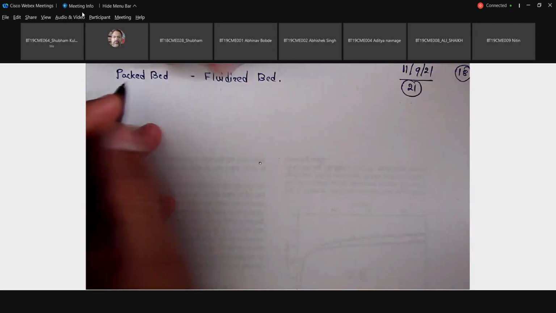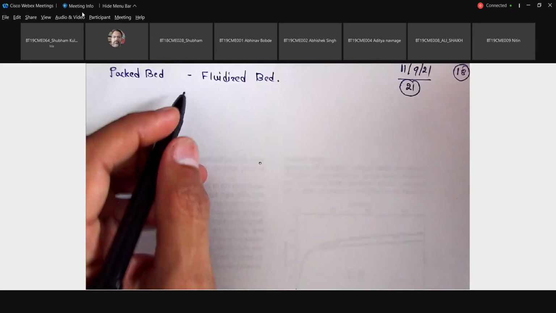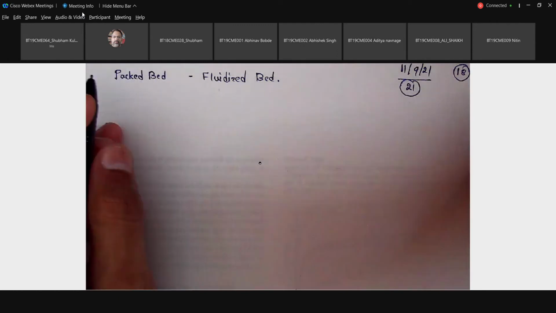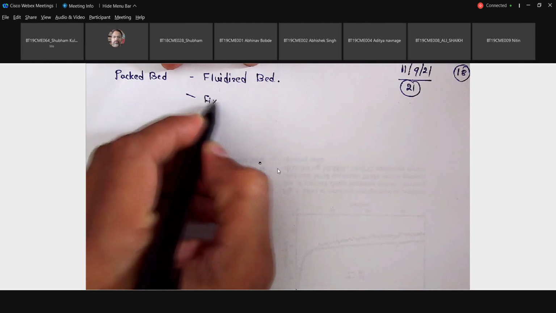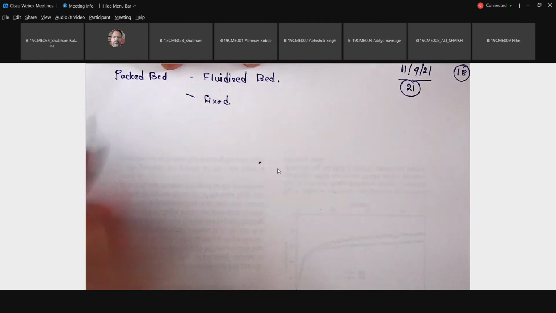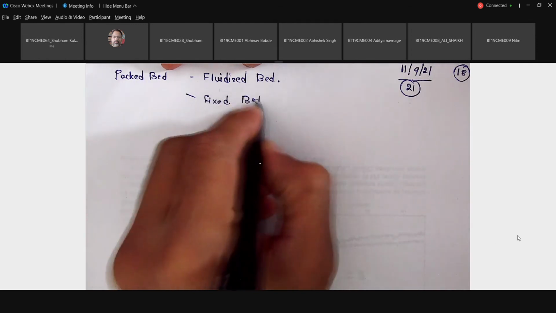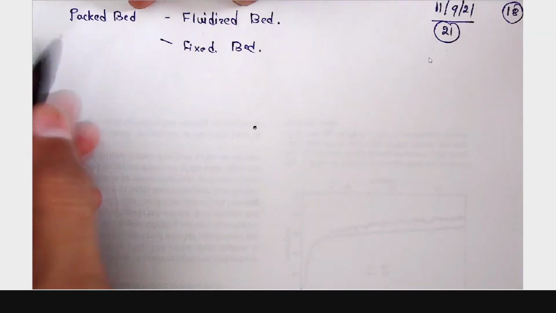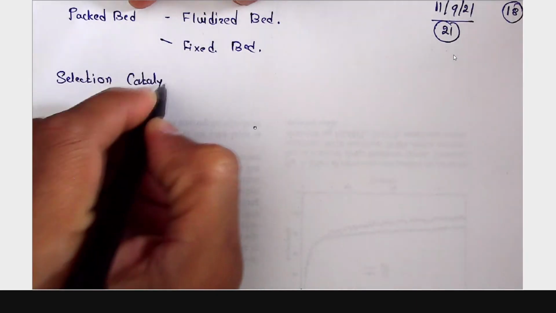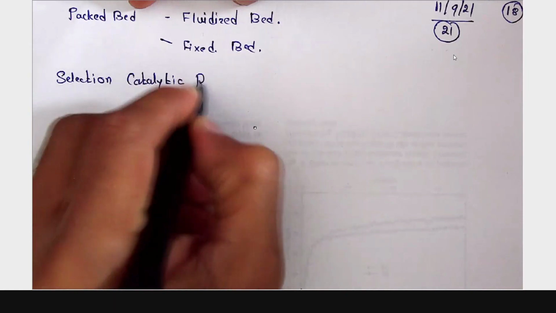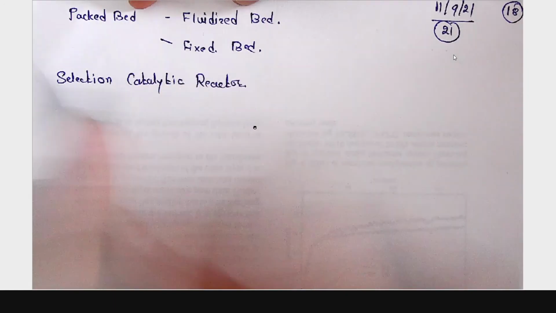Okay, we have seen the various types of reactor: the fixed bed, packed bed reactor, in which there are the fixed bed, moving bed, and the fluidized bed reactors that we can use for the catalytic reactions. Now, the selection of a catalytic reactor is based on what?